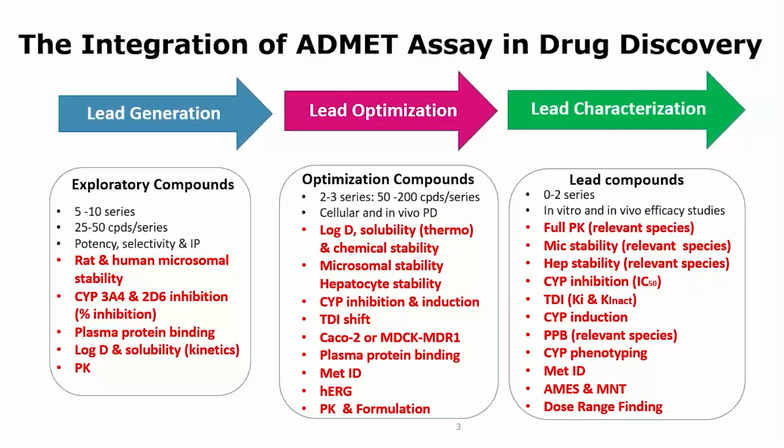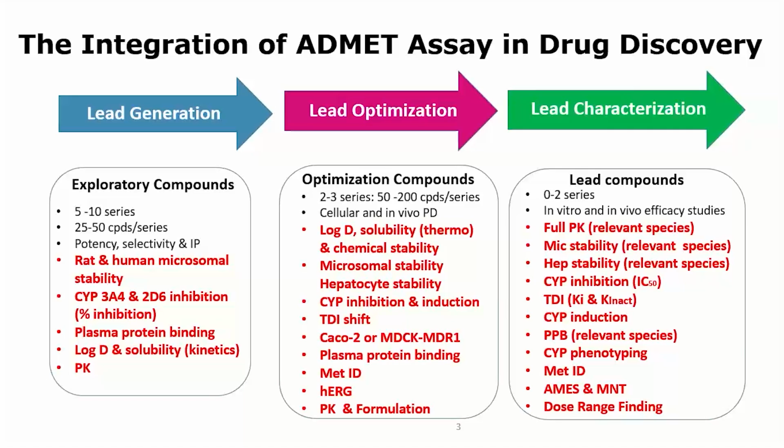Usually we use thermodynamic solubility, and also we do chemical stability, microsomal and hepatocyte stabilities. At that stage, you still use human or rat, or maybe more species relevant to your PD assays. We generate intrinsic clearance, half-life, all these data for the stability.